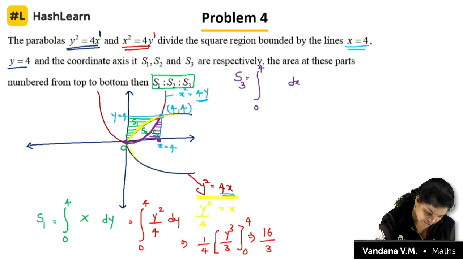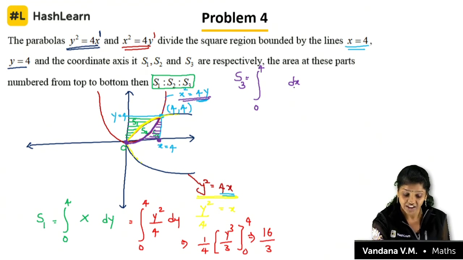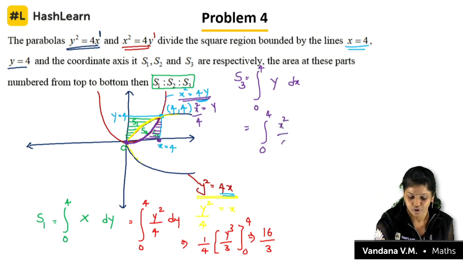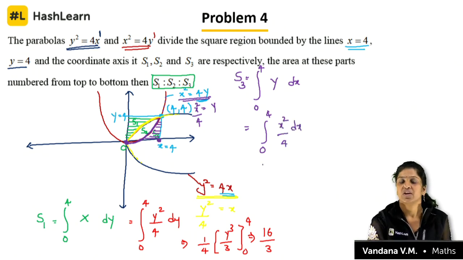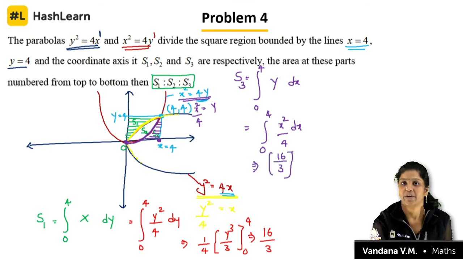If you extend and see, that is x square is equal to 4y. When it is dx, it is only y. So I want y, which becomes x square by 4. Same thing, right? 0 to 4, x square by 4, whatever we did just now. If you substitute your limits, you will get here also 16 by 3 square units.